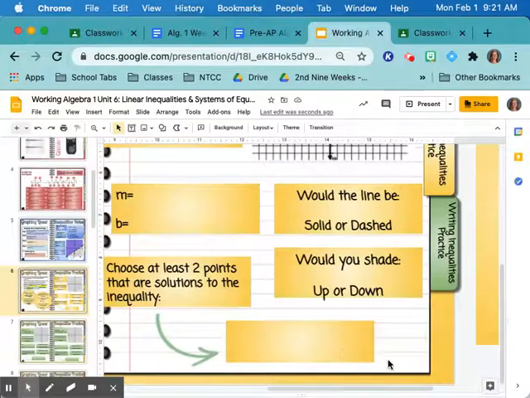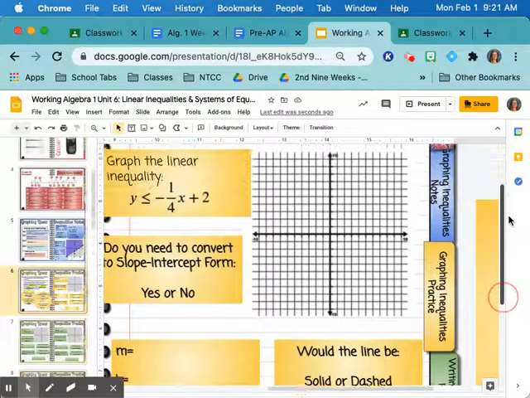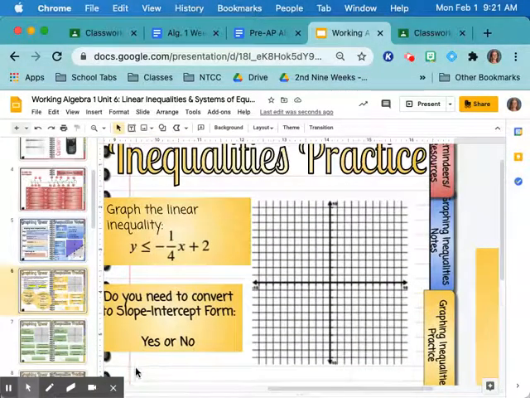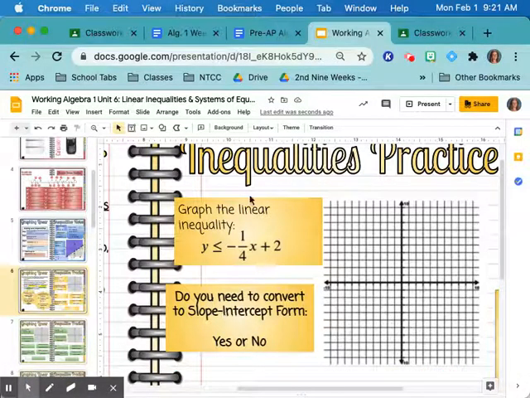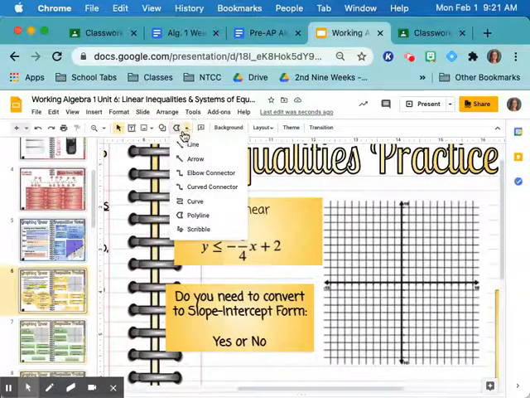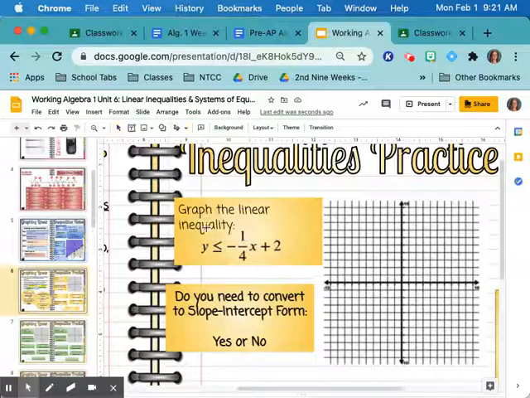Okay, let's do this problem together. Graph the inequality. Y is less than or equal to negative 1/4 x plus 2. Do you need to convert to slope-intercept form? It's already in that form. So grab the scribble tool and put no. It's already there.